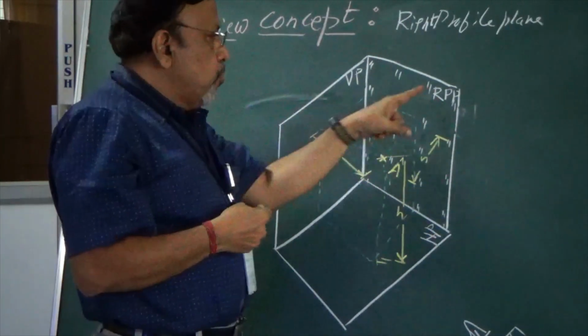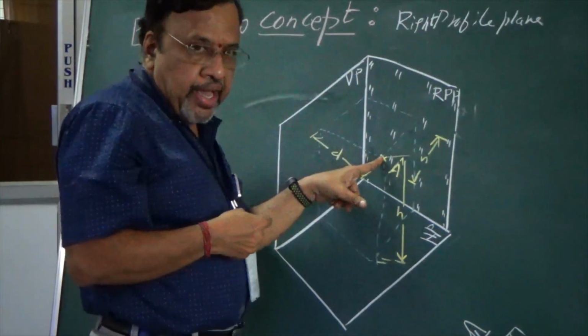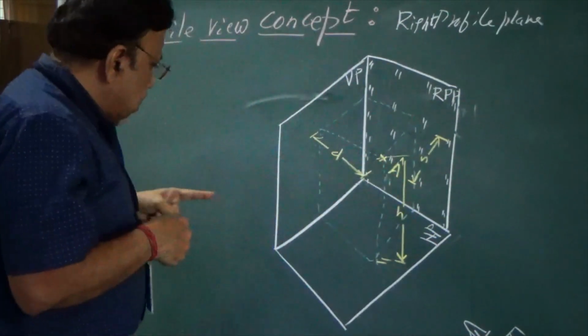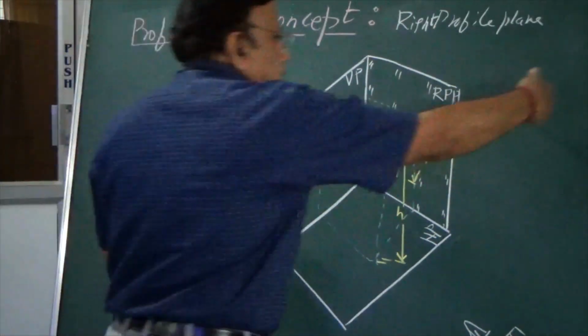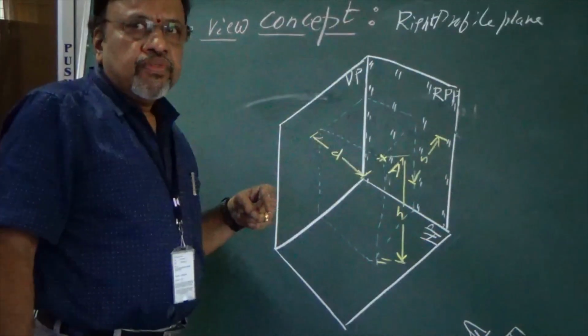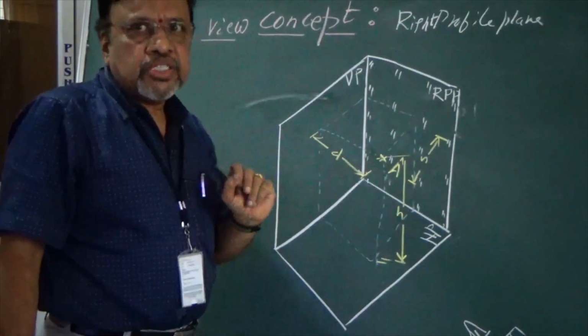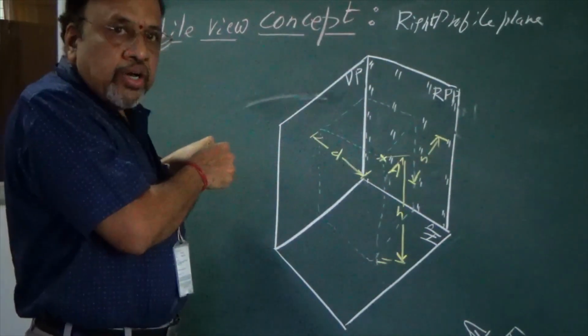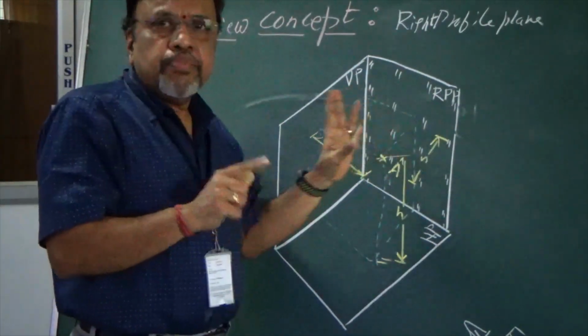Now, if I want to view this particular point A, whether I need to view the object from this side or from that side, I will tell you both the cases. Let us say if I view from the left side: observer, object, and the plane.